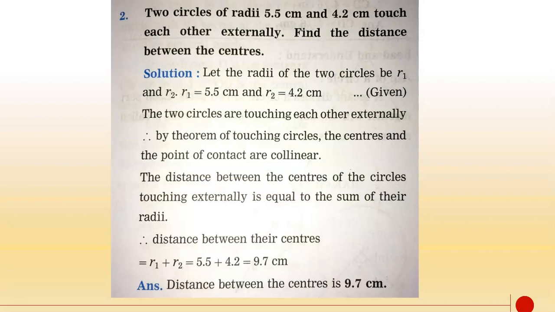Therefore, the distance between their centers is equal to R1 plus R2, which is 5.5 plus 4.2. The final answer is 9.7 centimeters. In this manner, when the radii are given to you, you can find the distance between their centers.